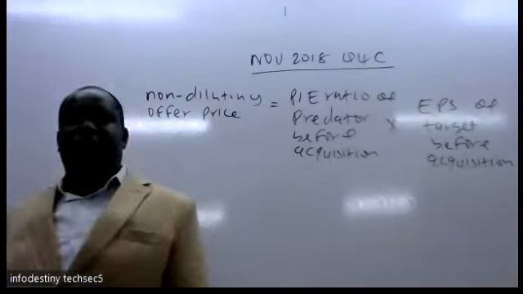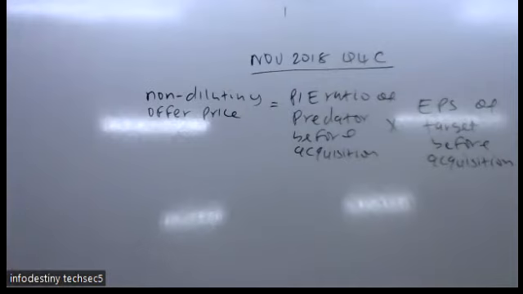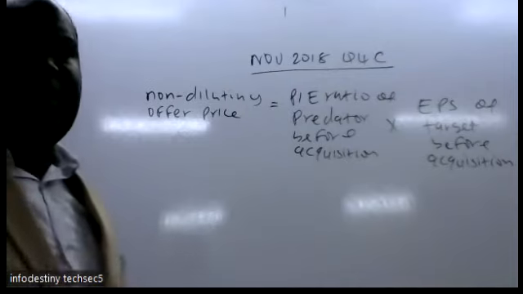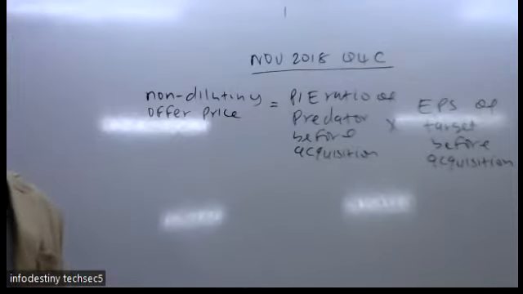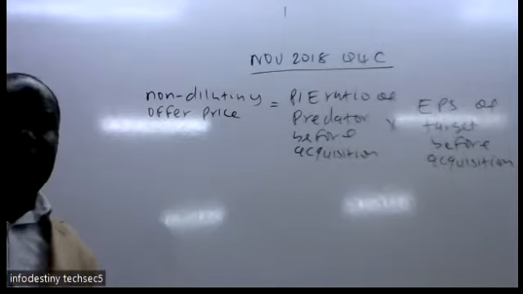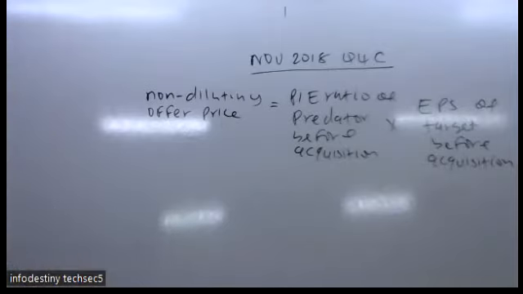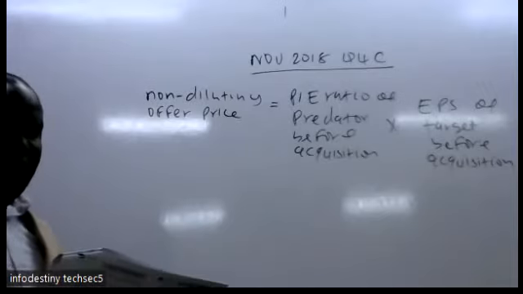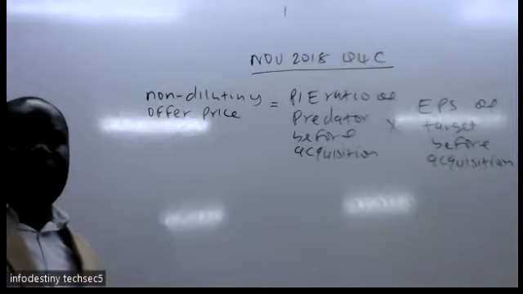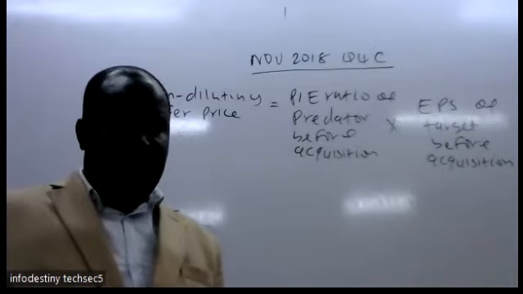So when you want to calculate the non-diluting offer price, you simply come up with the price earning ratio of the predator before the acquisition. You multiply by earning per share of the target also before the acquisition. Remember, when it comes to that particular portion, we are not given the earning per share. So the first thing we do is to calculate the earning per share.